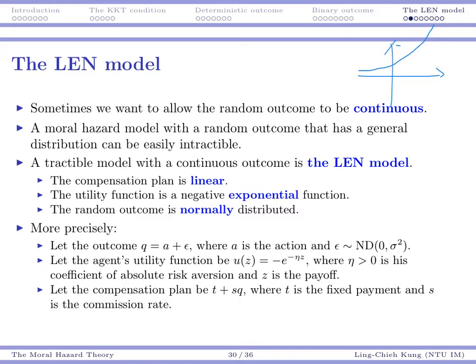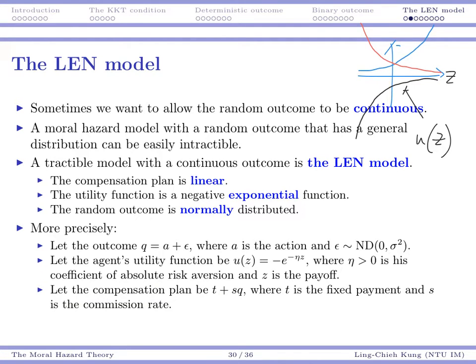Then once you multiply the exponent by -1, you're going to get something like this. And finally, if you multiply the curve by -1, then you're going to get something like this. Okay, and then this is your u of z.